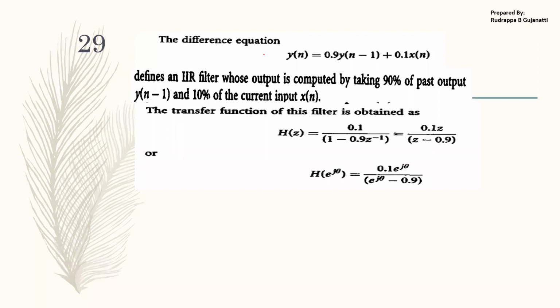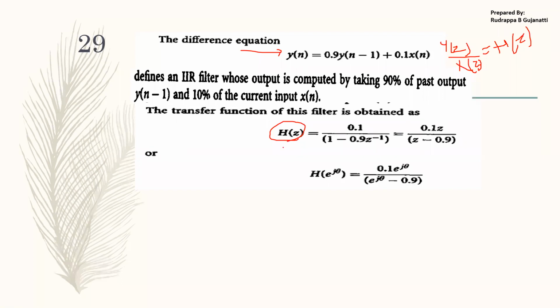When you apply Z transform to this equation and obtain the ratio Y of z by X of z, you will be getting H of z. So this is how H of z is obtained in this case.